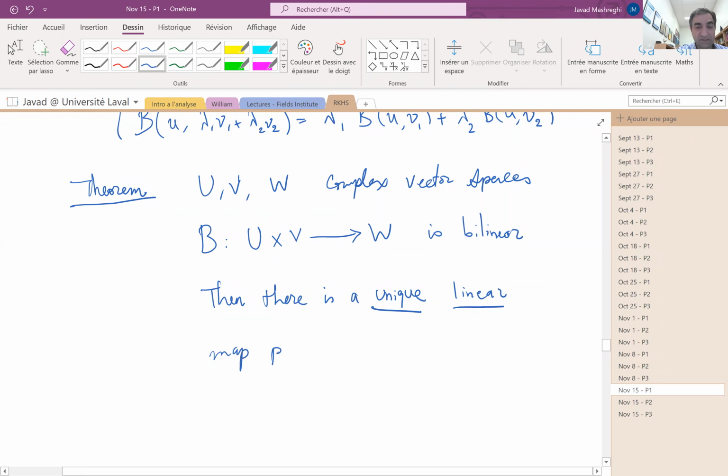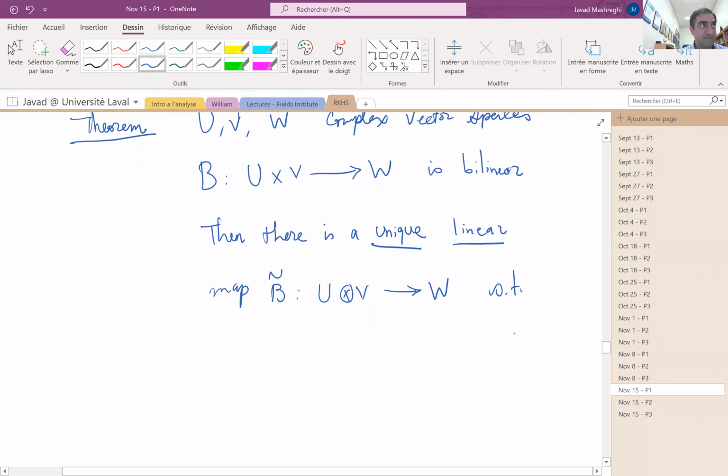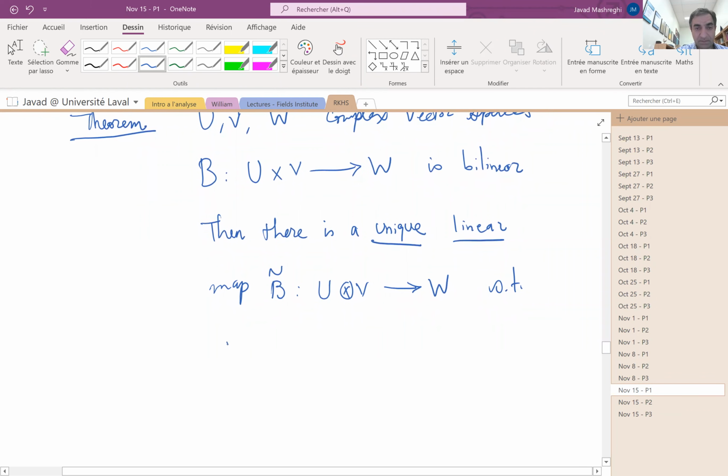We call it B tilde for the time being, defined on U tensor V toward W, such that B tilde of U tensor V is equal to B of U and V.